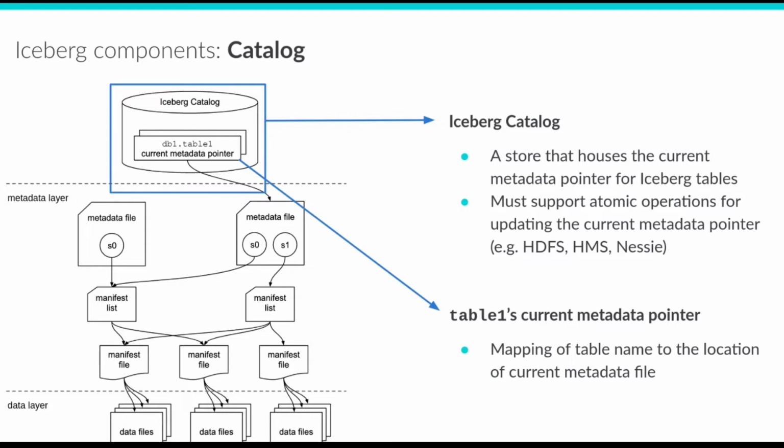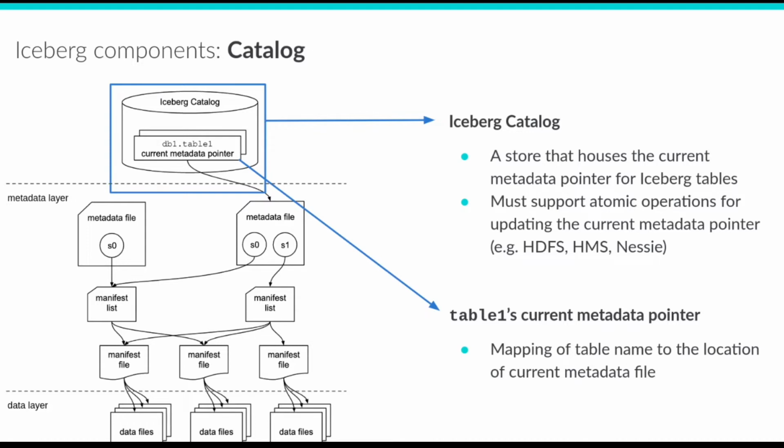All the engine needs is to know where the metadata is. All the juice is in the metadata files that are just written to your file storage, but we want to make sure that we're always pointing to the right one. Generally we're going to have something like a JDBC database, such as Postgres, or HDFS, or a Hive metastore.